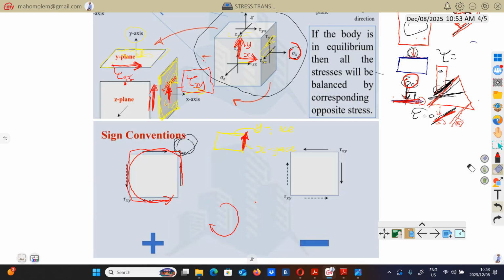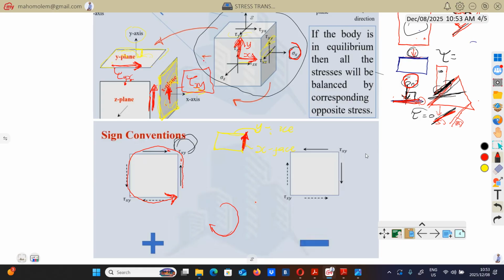But if you move like this, upward around this, you will be moving in an anti-clockwise direction, which is the direction opposite to this.